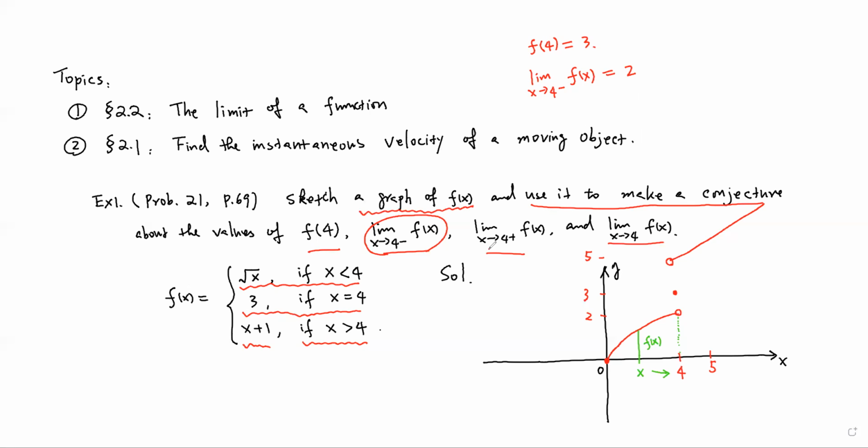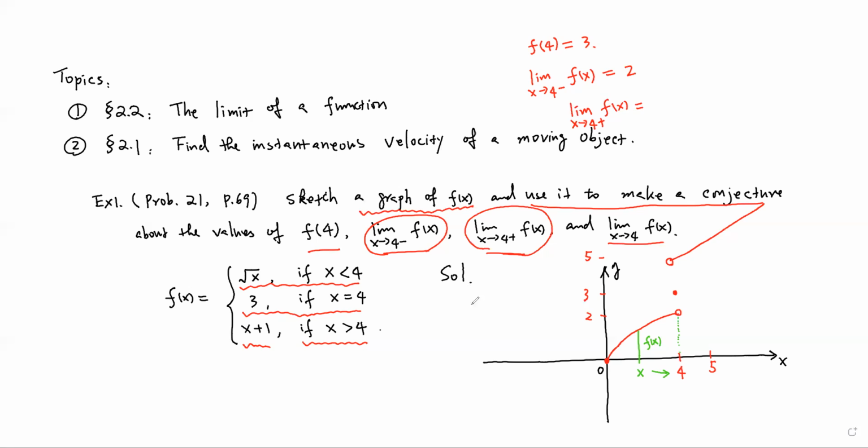Now, the right-hand sided limit at 4. X approaches 4 from the right side. 4 plus means from the right side, X greater than 4.